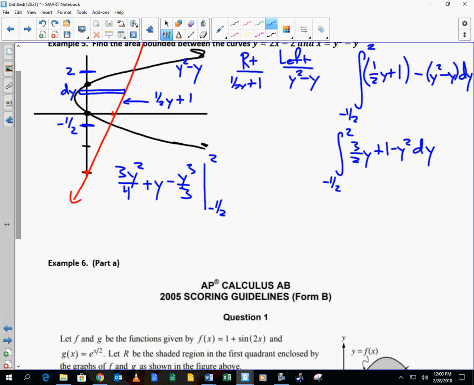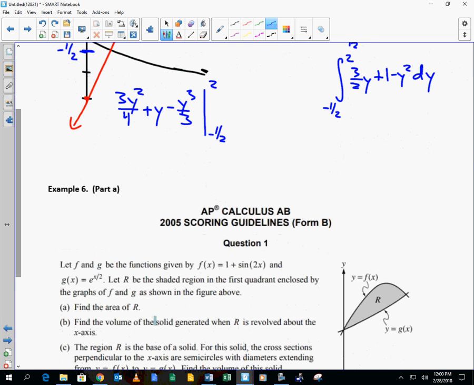70% of the AP Calculus exam, you're not allowed to use a calculator. So we're going to do it the difficult way and evaluate this without a calculator. We plug in 2 squared. Divide by 4 is 1 times 3 is 3. Plus 2 minus 8/3. Hey, that was no big deal.